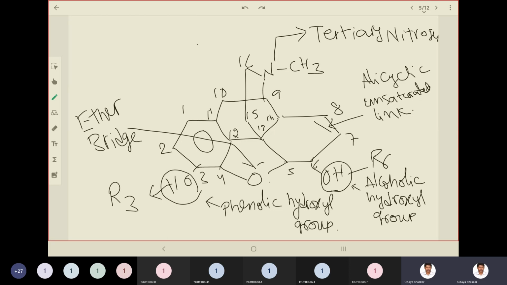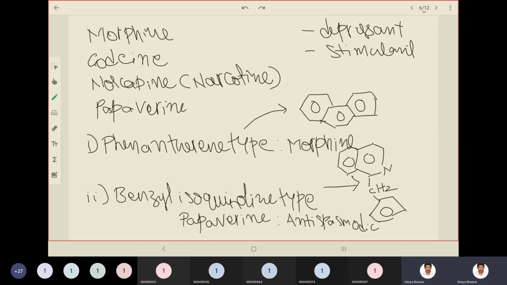And you have an alcoholic hydroxyl group at carbon 6. You have a phenolic hydroxyl group at the third position. You have an ether bridge. So we saw their modifications, and these are a few coexisting alkaloids along with morphine: codeine, noscapine, papaverine.